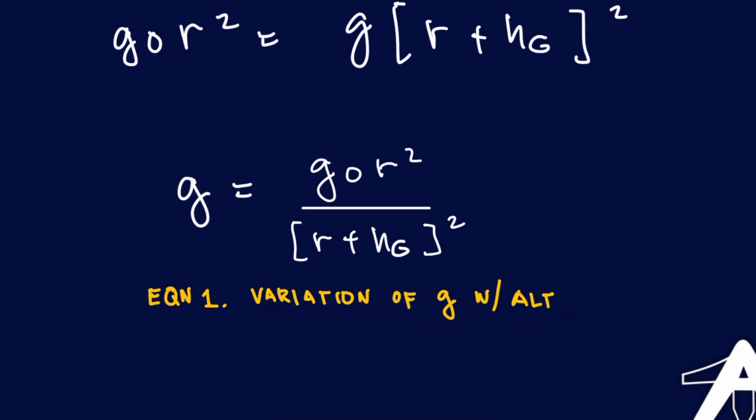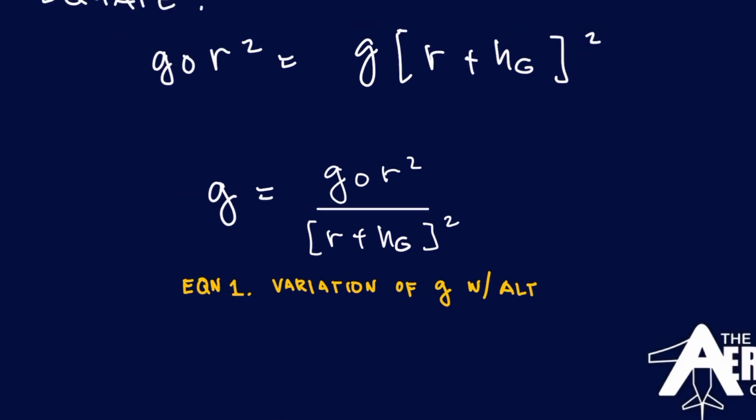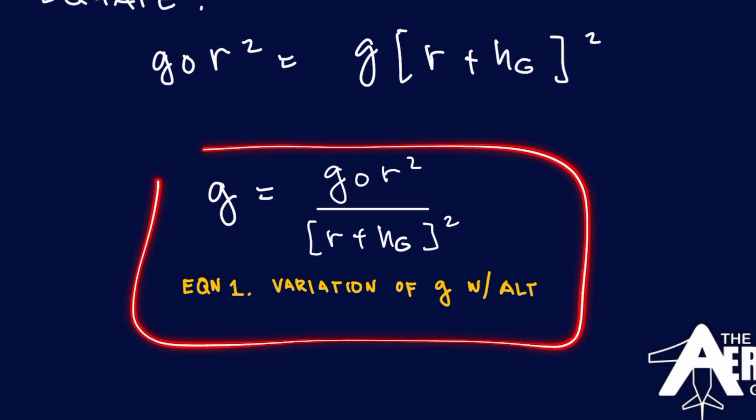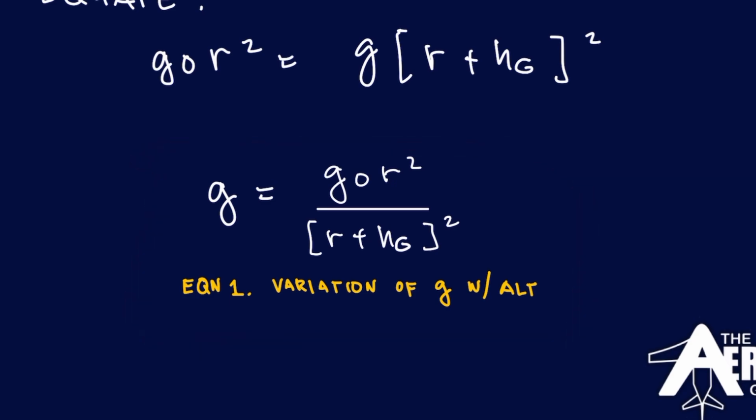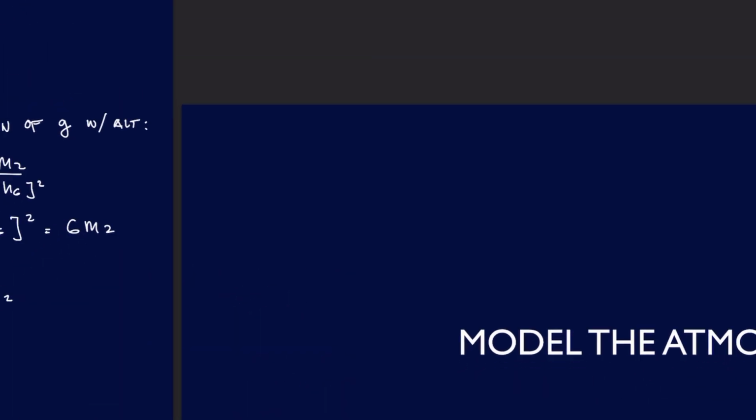This variation of gravity with altitude is important, especially on aerospace vehicles, as accounting for these variations ensures that accurate performance predictions, fuel efficiency, and precise navigation computations are conducted. But we will park this equation for now, and we will use the same equation later on as we model the atmosphere.